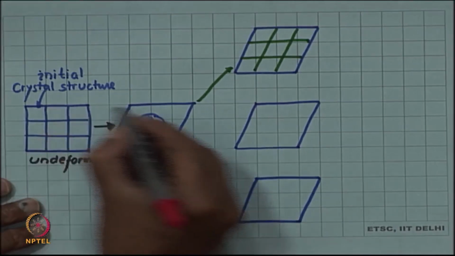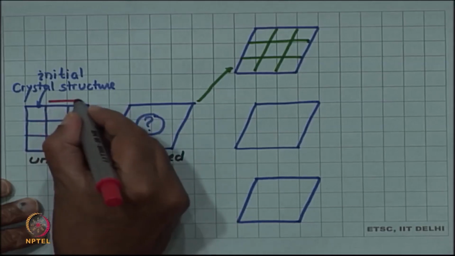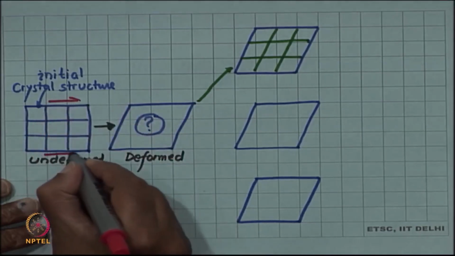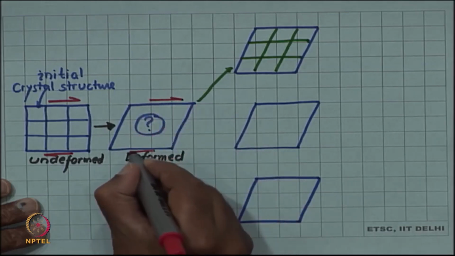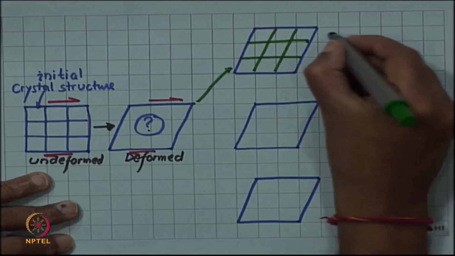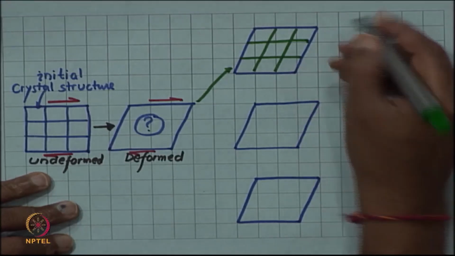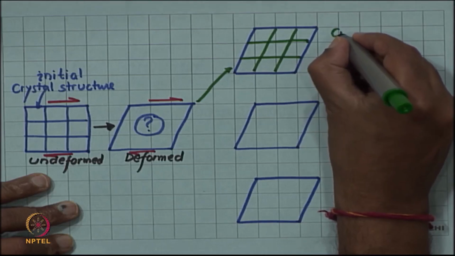Notice that in this case I am considering a very simple kind of deformation, which is a shear deformation of the material. So, one option can be that crystal structure changes due to deformation.